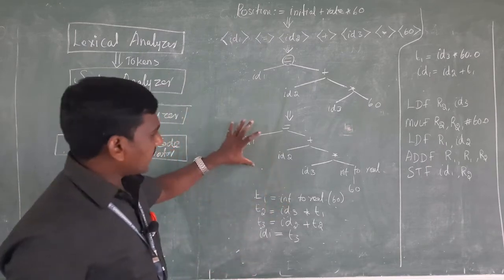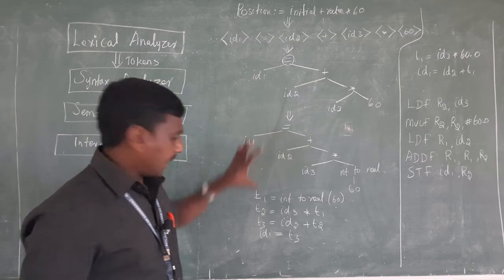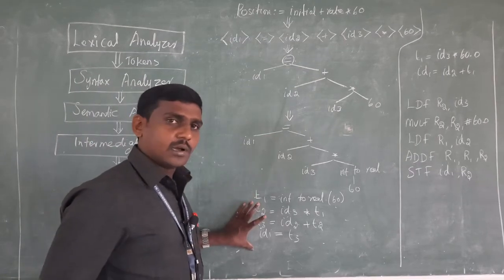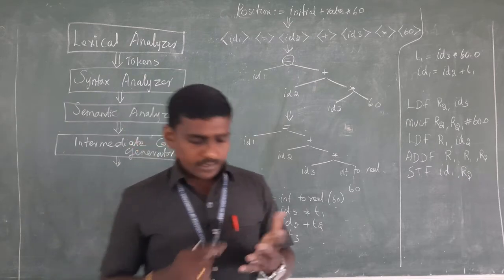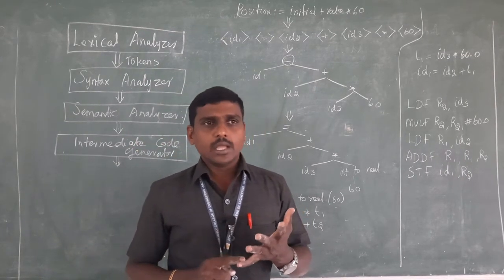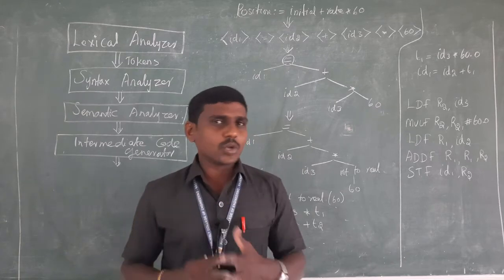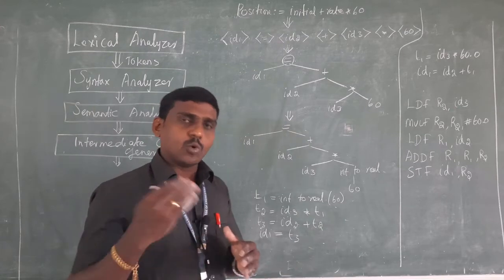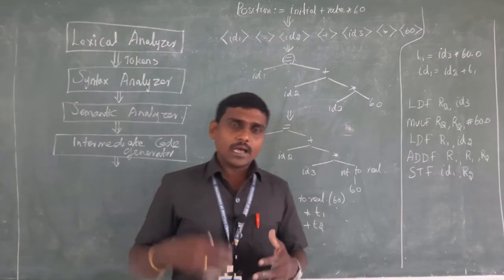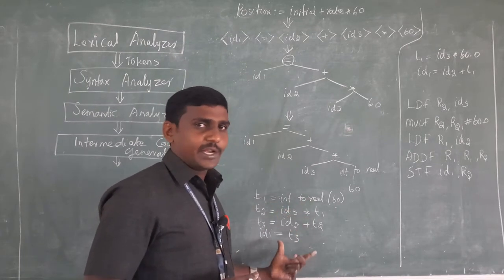Normally in real-time compilers, for example on Windows or some licensed operating systems, we cannot see the intermediate code, but on open source operating systems like Linux or Ubuntu, we can see it.